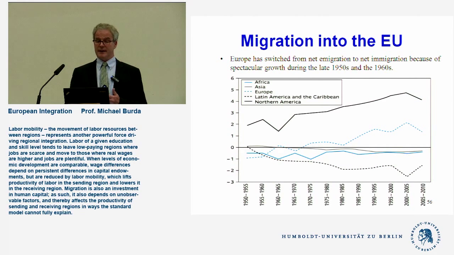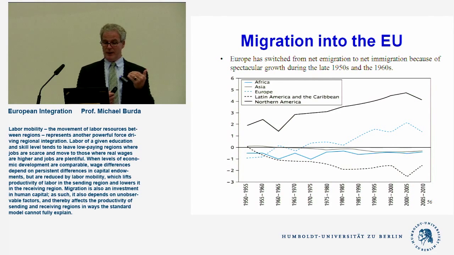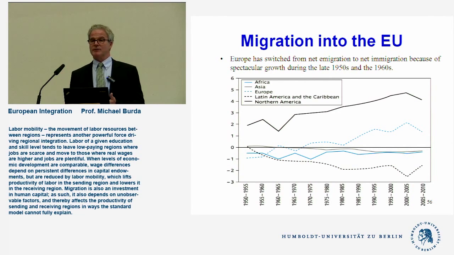Think of the Roy model, think of the distribution of income in the United States. Because it is so broad, it provides an opportunity for a lot of people to go there and make lots of money. But you can see this has changed. Europe is now becoming a target for immigration. This is not just something we've observed in the past few months.